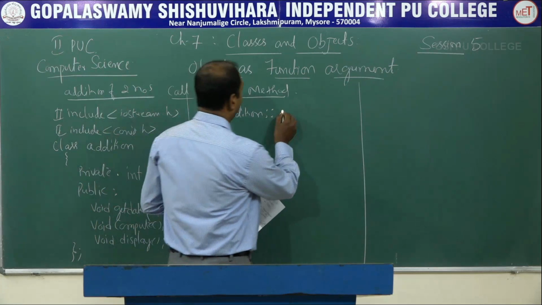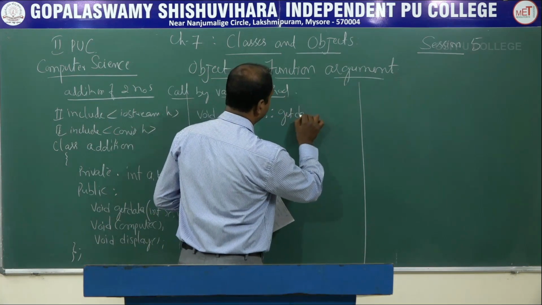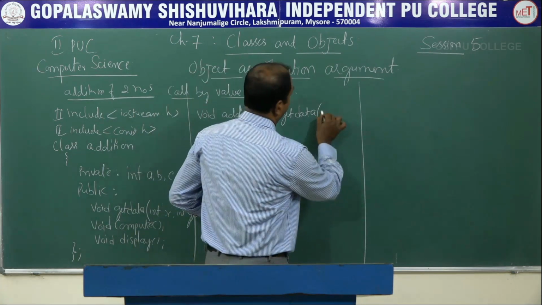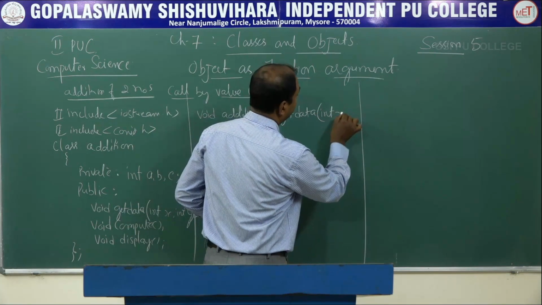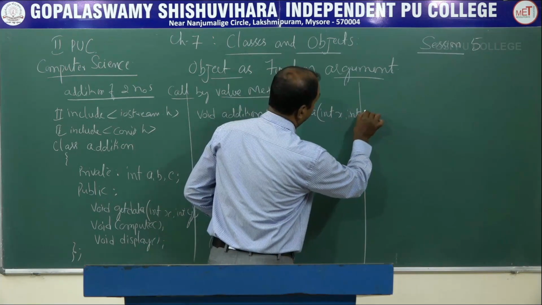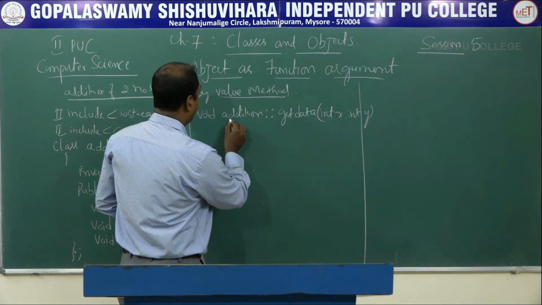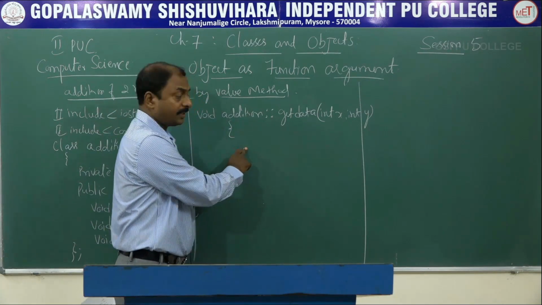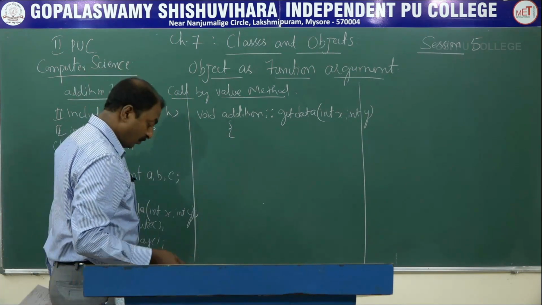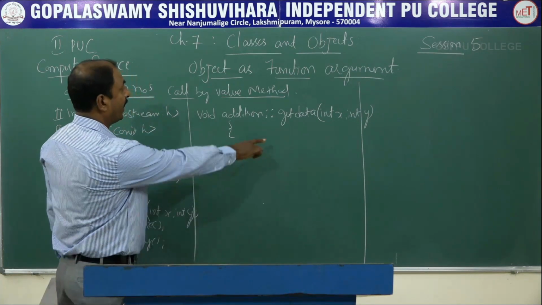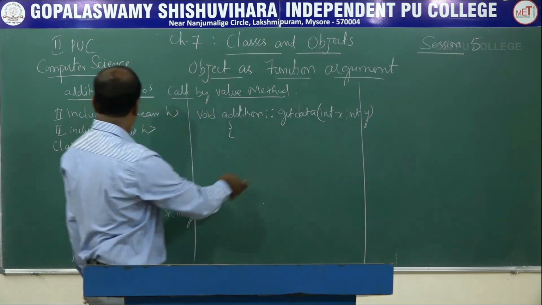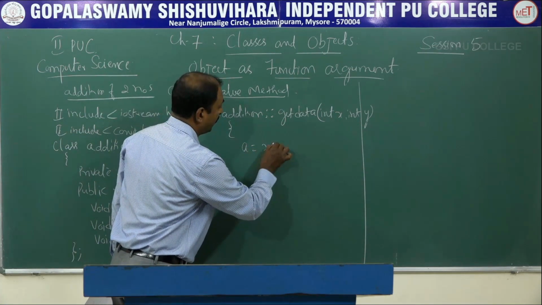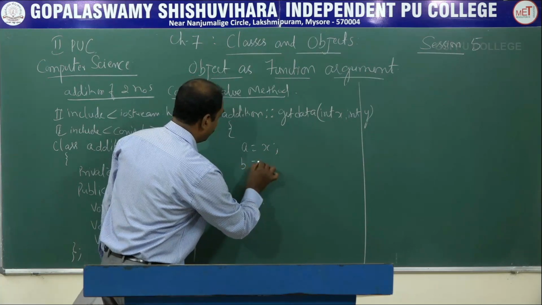The name of the function is getdata, with two parameters, int x and int y. Inside this getdata function, we have to assign the values x and y to the class variables a and b. So we say a equals x and b equals y.